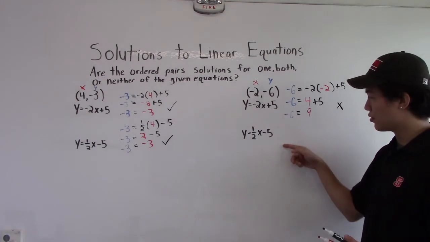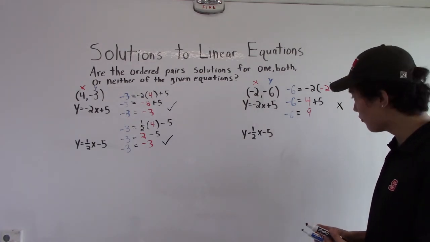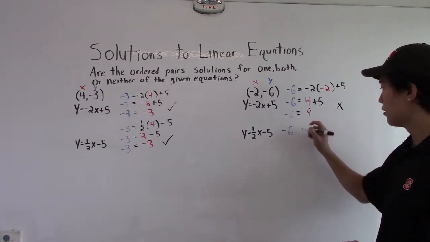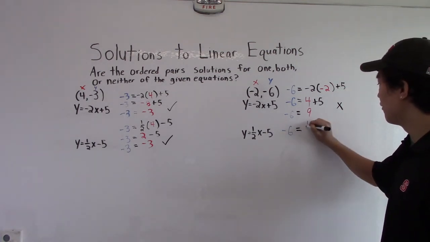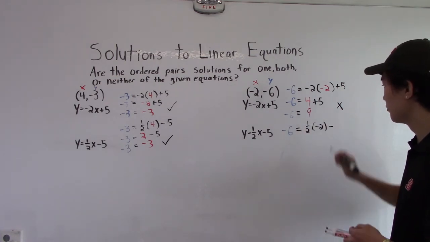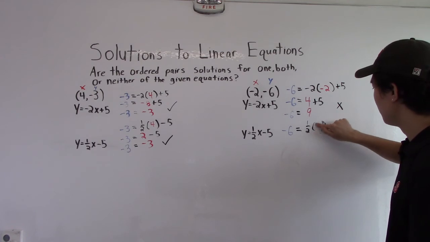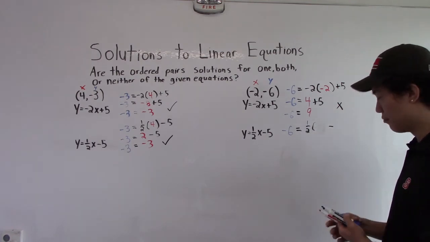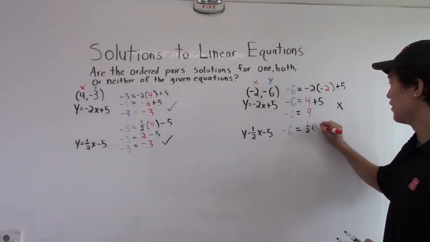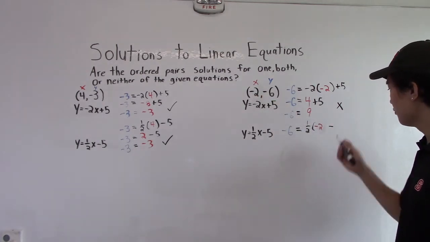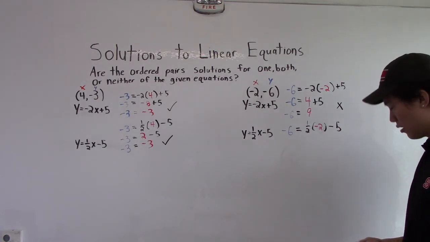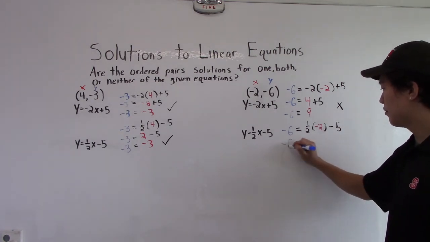So let's go to the second one. And we have the y value again being -6, being equal to 1/2 times the x value of -2 minus the 5. -6 stays.